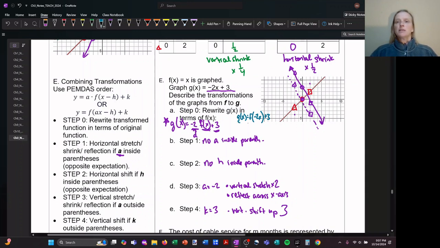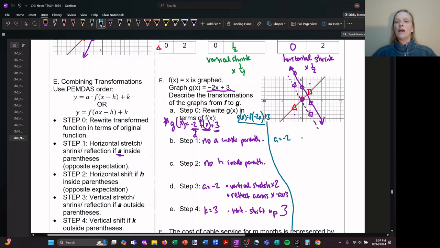Just for a little bit more practice, let's go ahead and look at this other version of the equation. This time, when we do step 1, there is a horizontal stretch inside parentheses. So a equals -2. This is a different version that we're doing here.